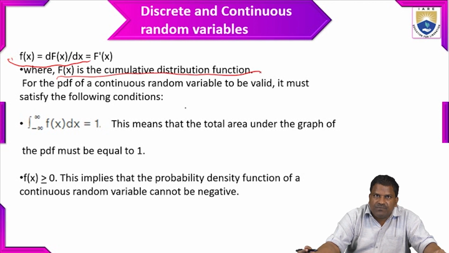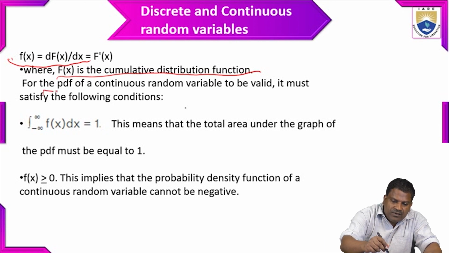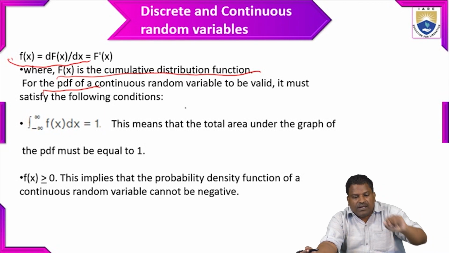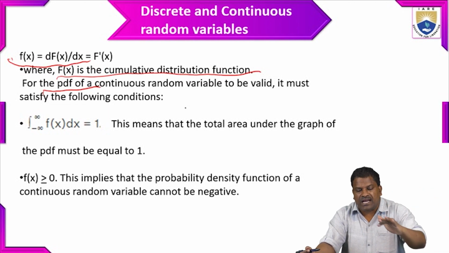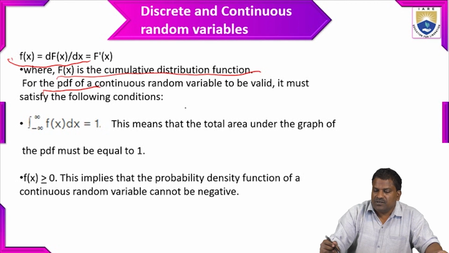For the PDF of a continuous random variable to be valid, it must satisfy the following conditions. The integral from minus infinity to infinity of f of x dx should be 1. This means that the total area under the graph of the PDF must be equal to 1.